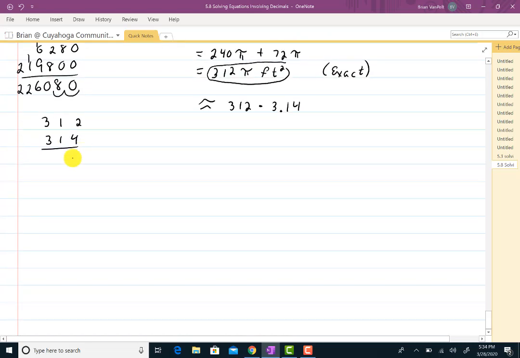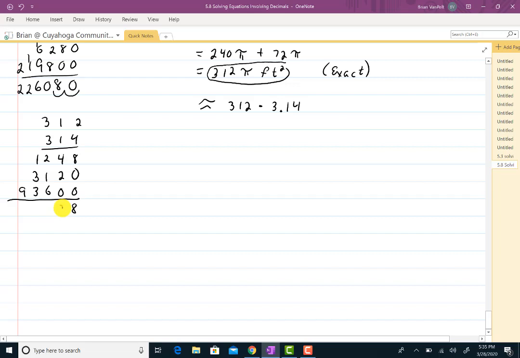So starting with the 4, 4 times 2 is 8, 4 times 1 is 4, 4 times 3 is 12, 0. Oh, this is times 1, so I have 2, 1, 3, that's easy enough. And then finally 2 zeros. 3 times 2 is 6, 3 times 1 is 3, 3 times 3 is 9.